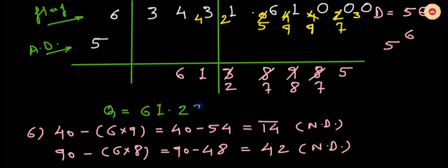Write 2, write 7, write 8, write 7. If we need 4 decimal places, then we generally calculate till 5th decimal place. So no need to write this 5. Let us write these 4 decimal places only. So quotient is 61.2787.